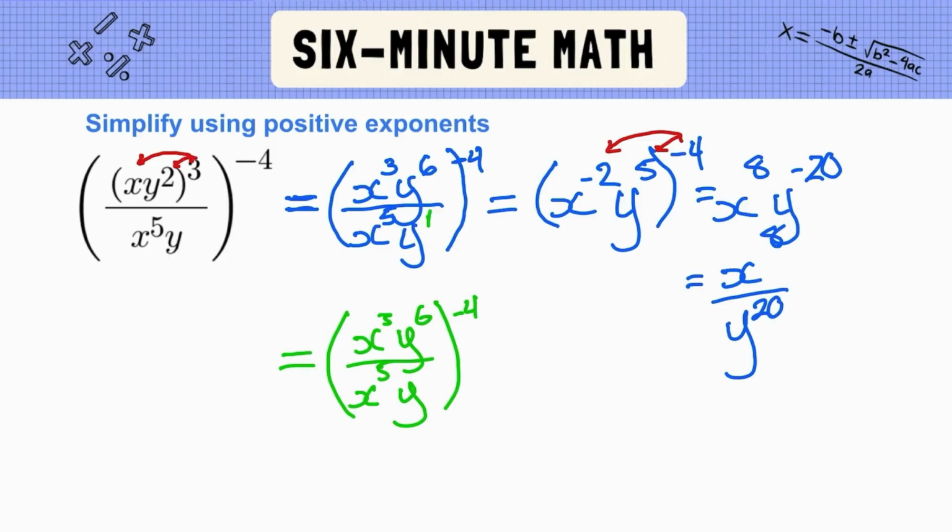So how do I do that? Well, to get rid of the negative, I will just swap top and bottom, which is going to give me x to the 5 y over x cubed y to the 6th. By taking that reciprocal of the brackets, that will get rid of my negative. Now I can do everything as normal, but I'm going to be multiplying with positive numbers.